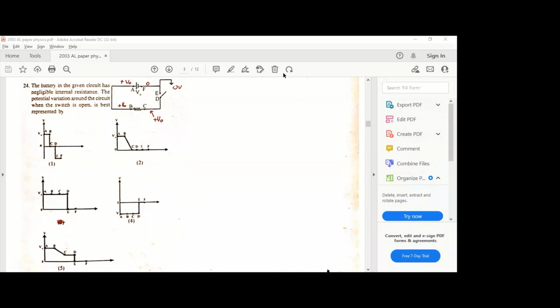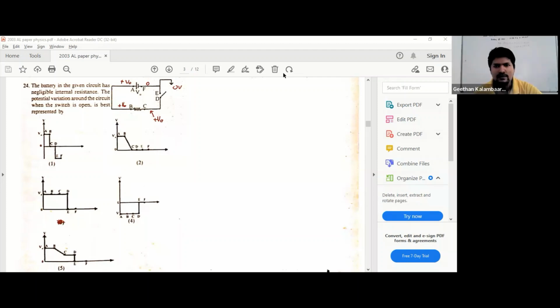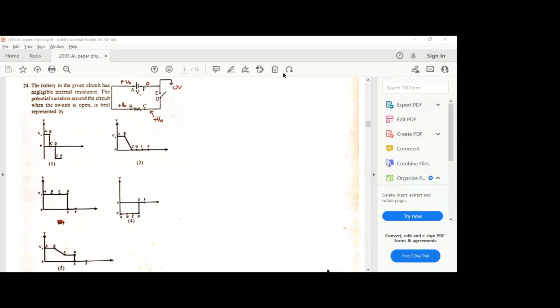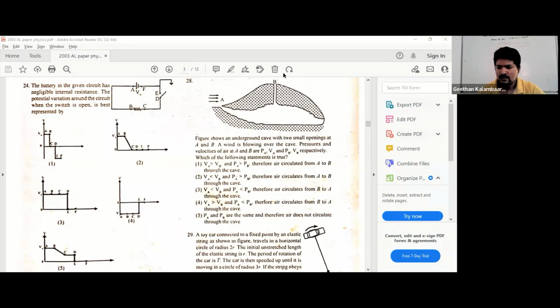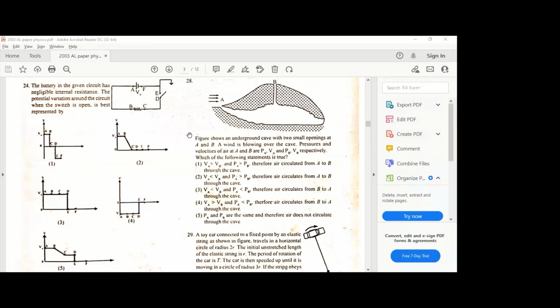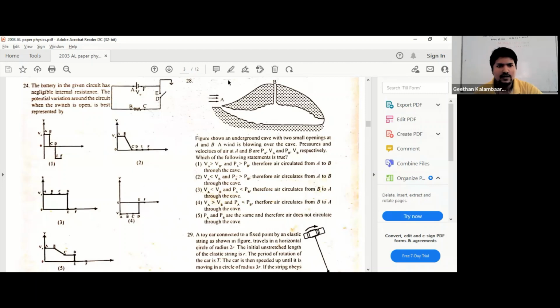So if it was closed, then how would it be? Good question. We'll try to do that. So it is closed. Let's close it and see.